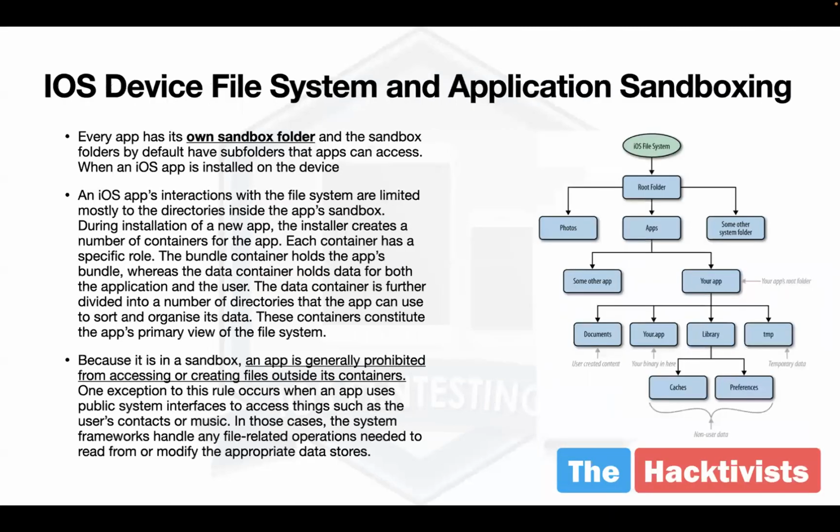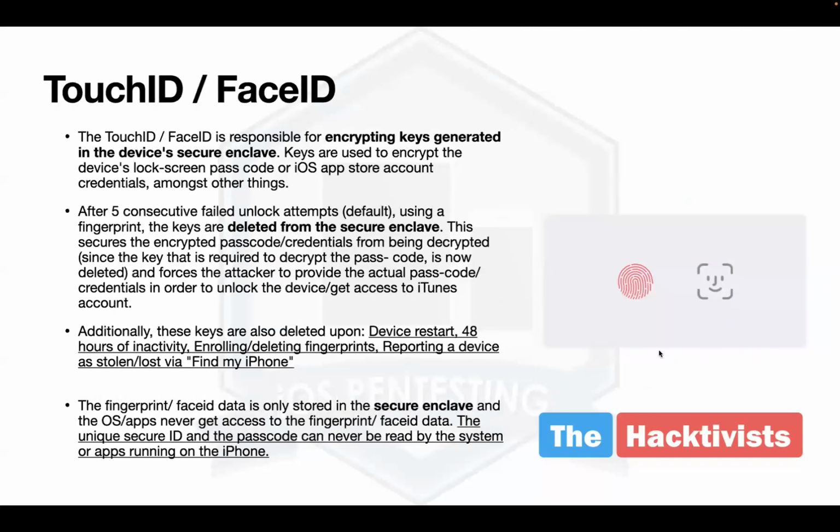A set of encrypted keys is generated when you set these up for the first time. From that time onwards, those encryption keys are used to encrypt and decrypt the data which the keychain takes from the secure enclave. That is the normal thing Touch ID and Face ID do.